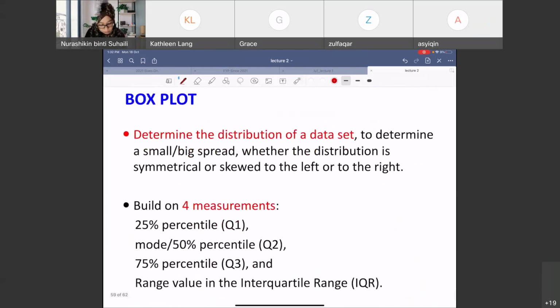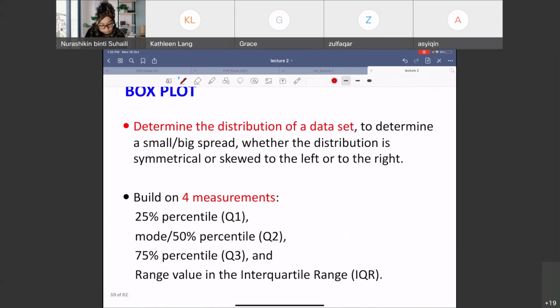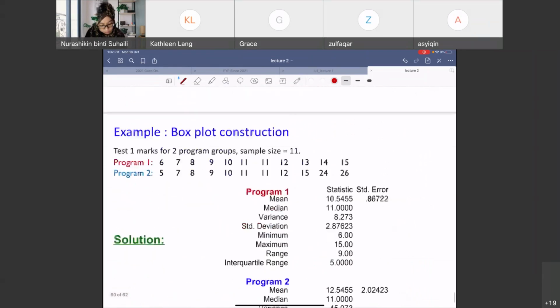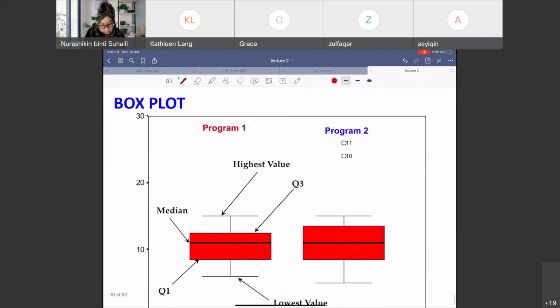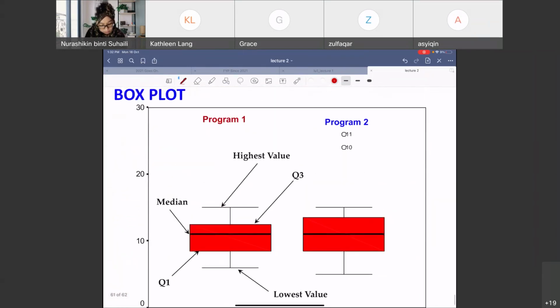And then the last one, box plot. What is box plot? It's something related to the quartile as well, but it's just that you present the data in this kind of presentation. Let's say just now you know already about quartile 1, quartile 2, quartile 3, and you have the values. This is another example, it's not related to my example just now.